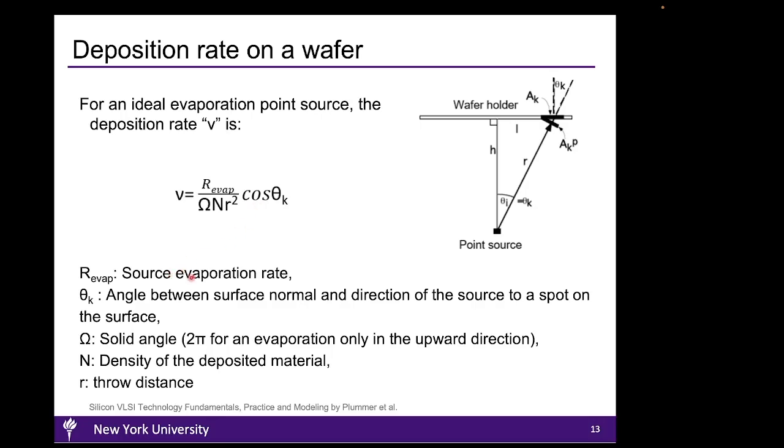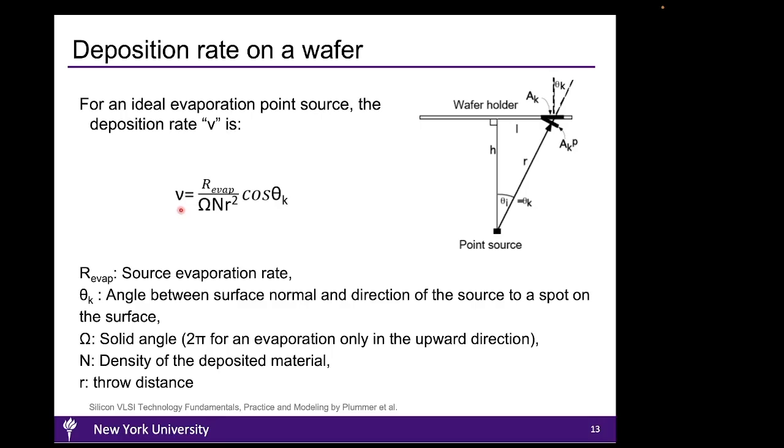The source evaporation rate is determined by the vapor pressure of the target material at a given temperature. The throw distance r and theta k are determined by the distance between the wafer holder and the point source, which is denoted as h here.